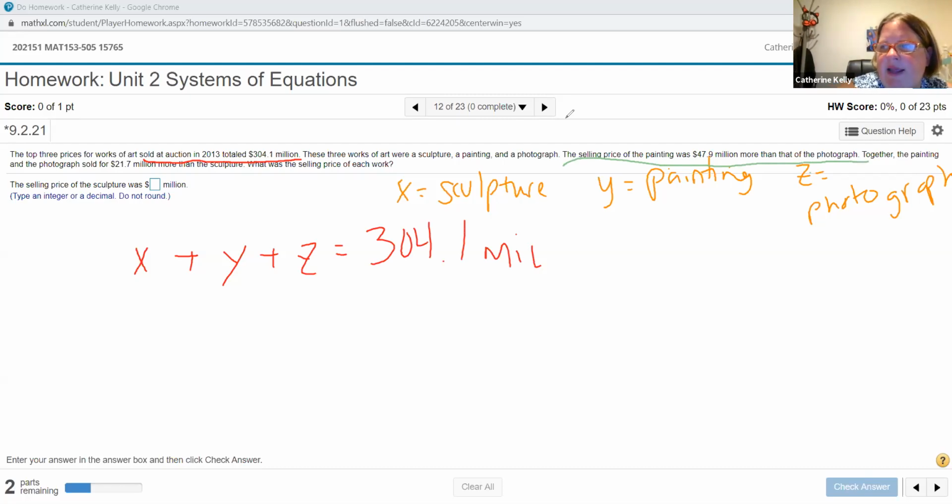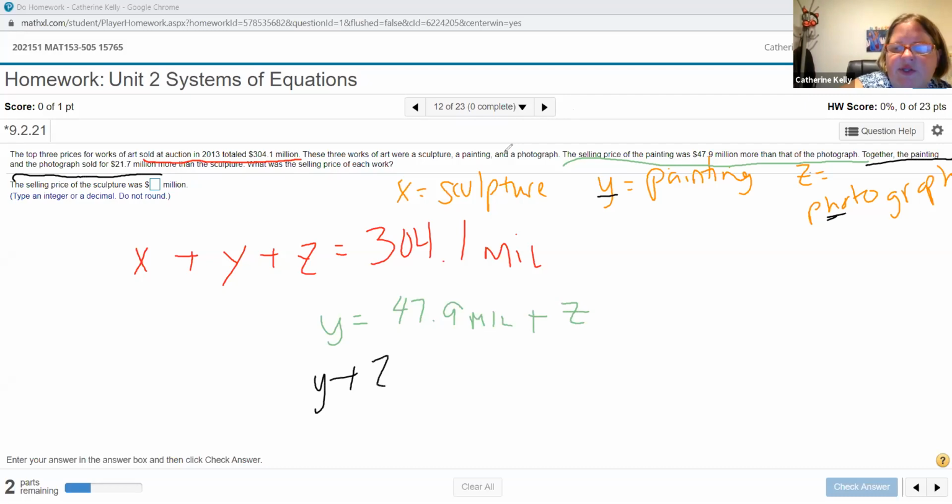So the painting was Y, so Y equals 47.9 mil more than the photograph, and the photograph is Z. Then it says together, the painting and the photograph, Y and Z, sold for 21.7 million. And then I'm not done because I didn't read it all. More than the sculpture, which is X.